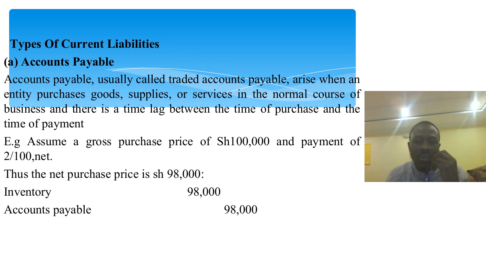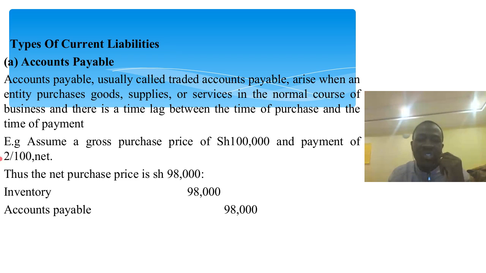For example, we can assume that there is a gross purchase of 100,000 shillings with terms of 2 out of 100 net. To get the net purchase, we take the other remaining percentage.